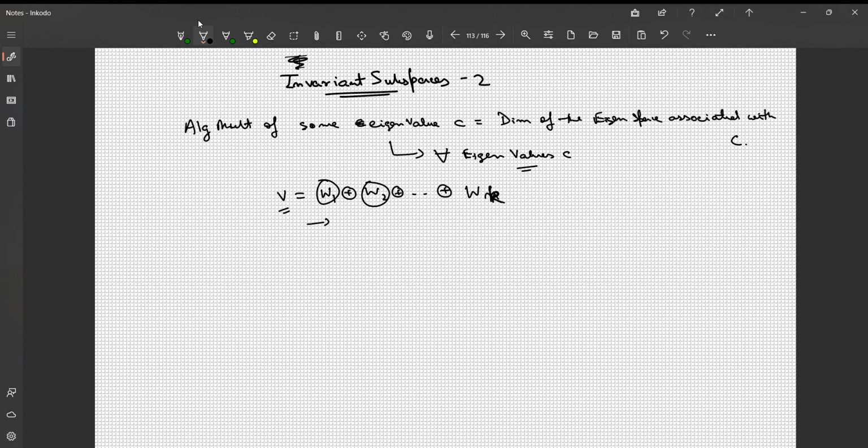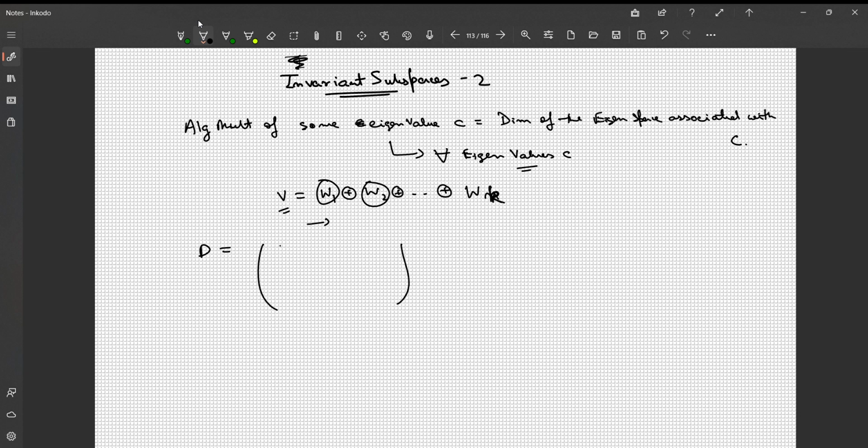Now we had also discussed what a minimal polynomial of a linear operator is, right? It's basically the least degree monic generator of the collection of all annihilating polynomials of the given linear operator. Now suppose you have a diagonal matrix, which you can think of as the matrix representation of a certain linear operator defined on a finite dimensional vector space.